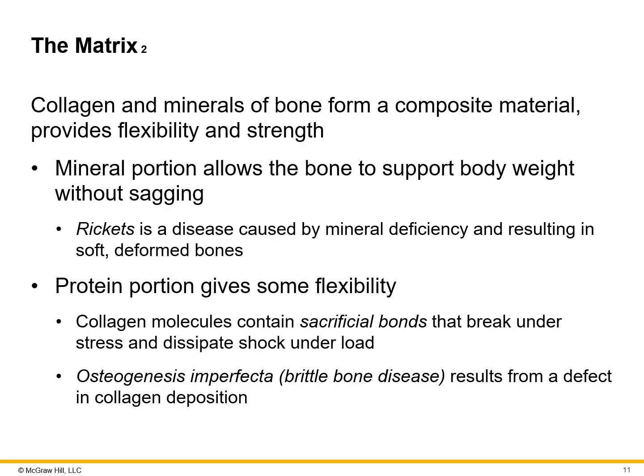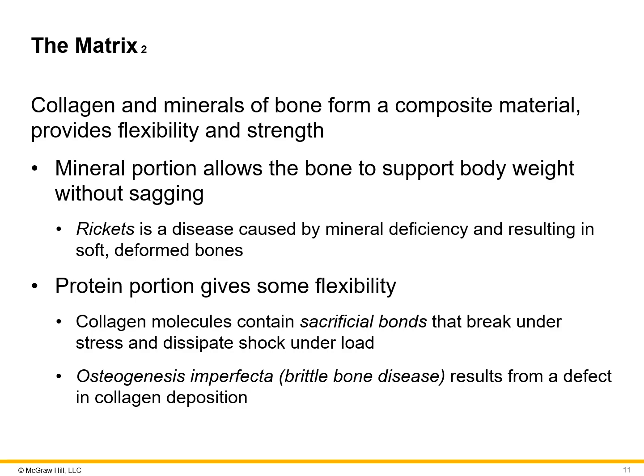Bone also has a degree of variability from one place to another. It is a living tissue, so its ratio of minerals to collagen will vary from place to place. For example, we have the bones of the middle ear.